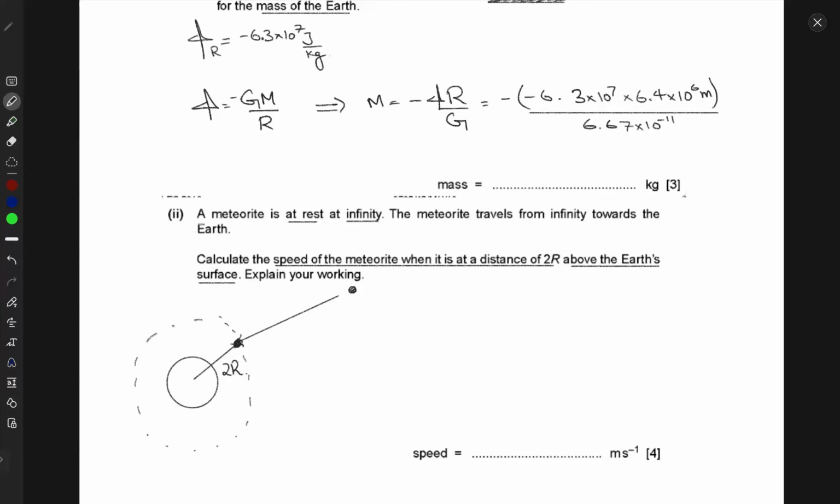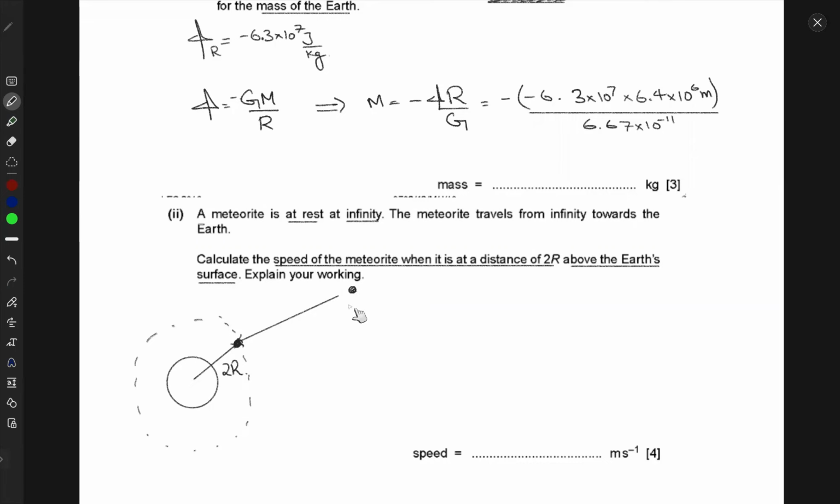We compare both the forces: GMm upon r squared is equal to mv squared upon r. We compare those. Okay, so that is almost right. You can, but think about this thing. At this point, there is no information that the meteorite is in the orbit of the Earth, right?